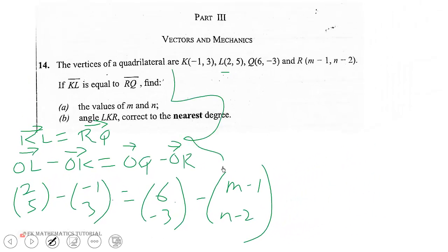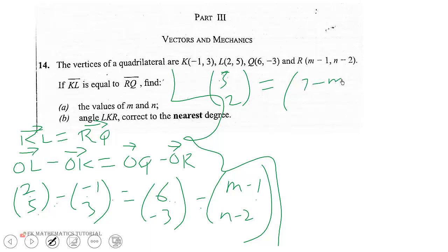So we need to simplify this and solve for the value of m and n. So 2 minus -1 will be 3. 5 minus 3 will be 2. So (3, 2) will be equal to 6 minus -1 will be 7, then minus m. Then -3 minus 2 will be equal to -1, so -1 minus n.